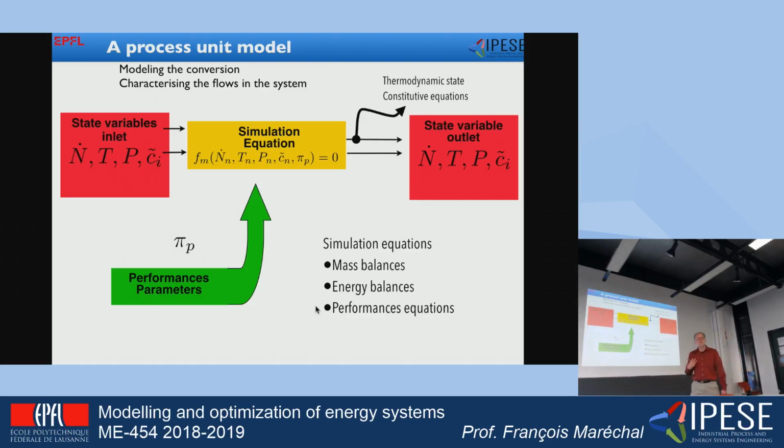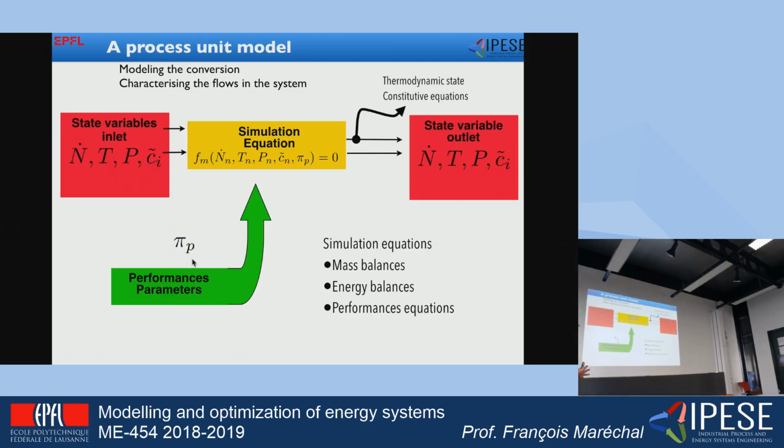So for example, the performance equation is going to characterize the heat transfer, okay, which results in the well-known equation Q equals U A times delta T Lm. Okay, so this is a performance equation. And those performance equations are related to performance parameters.